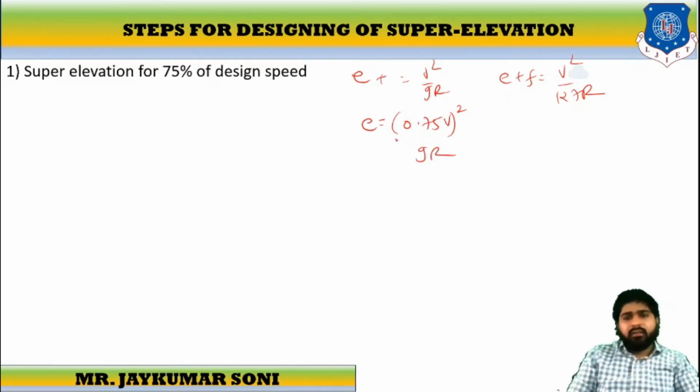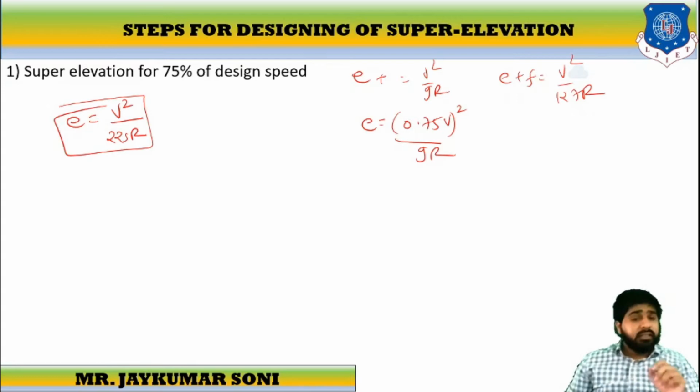So ultimately it will be E is equal to V square by 225R. This is the equation for mixed traffic condition, the super elevation for 75% design speed.